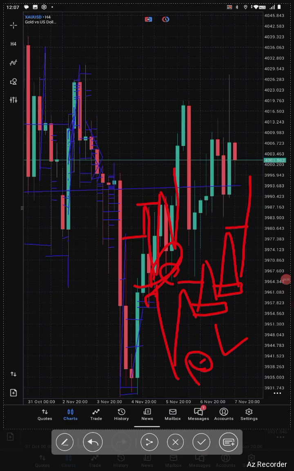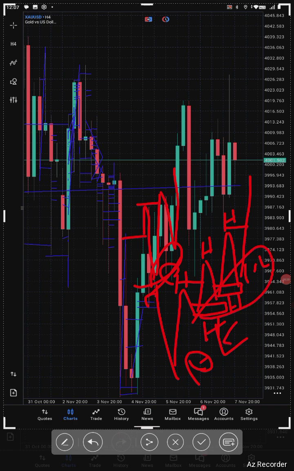Yes, equity, because the price makes new highs, higher highs, and higher lows. These areas are equity.